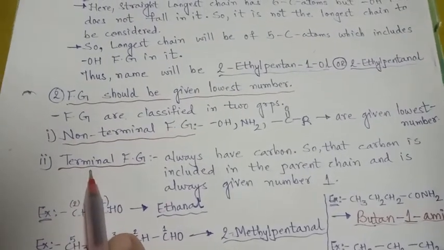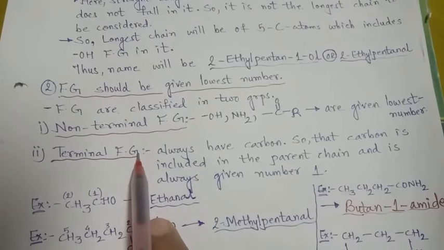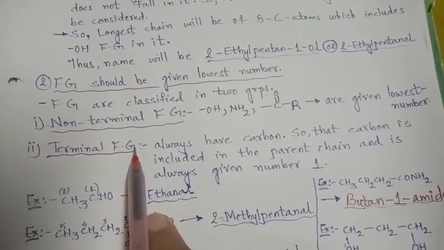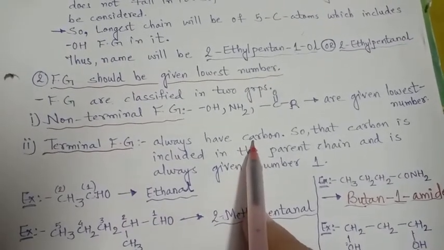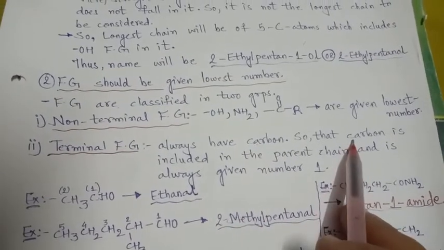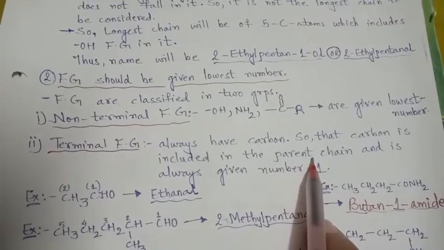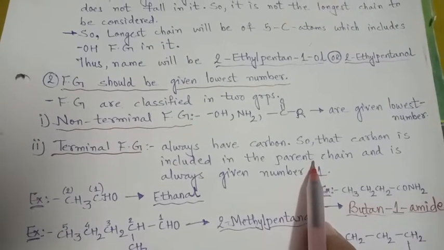The second type of functional group is a terminal group, and they always remain either on the left or on the right, that is on the terminal position, and they always have a carbon attached with it. So the functional group with the carbon is given number 1, and it should be included in the parent chain. So here the longest chain rule can be violated.